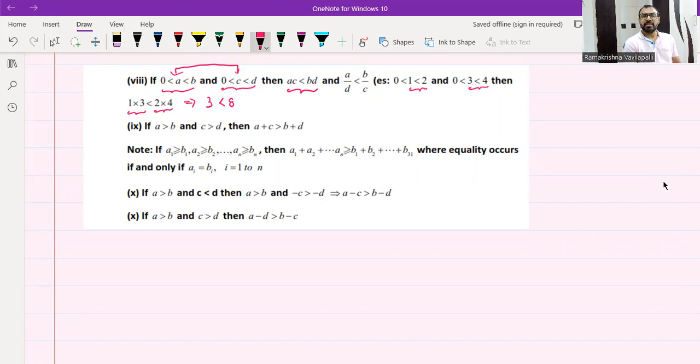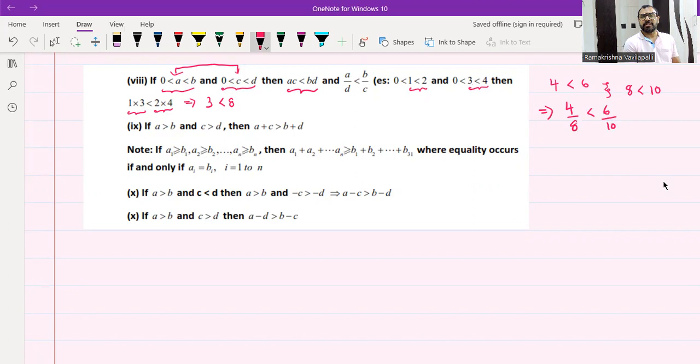Here you see that 4 is less than 6 and 8 is less than 10. Now both are positive. So we can divide that 4 by 8 less than 6 by 10.